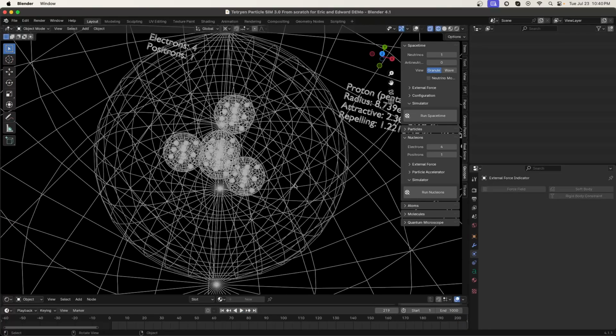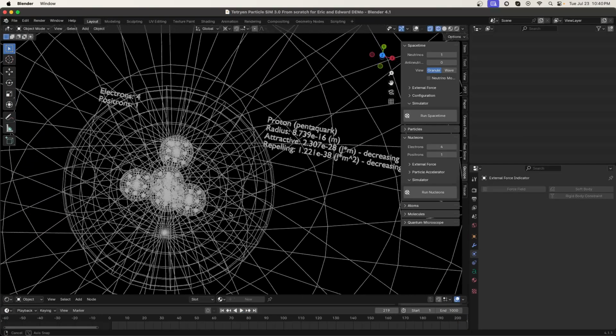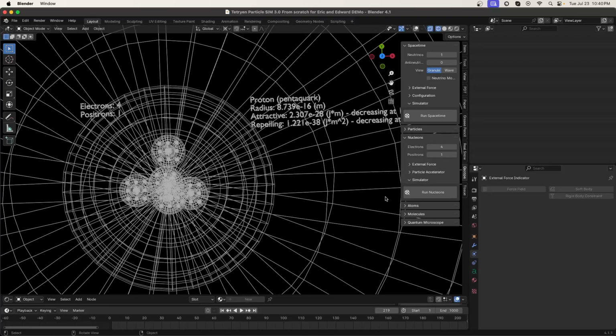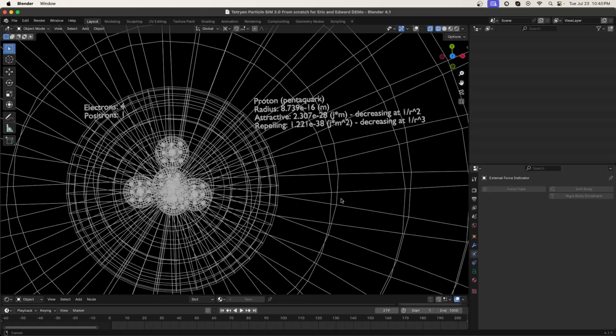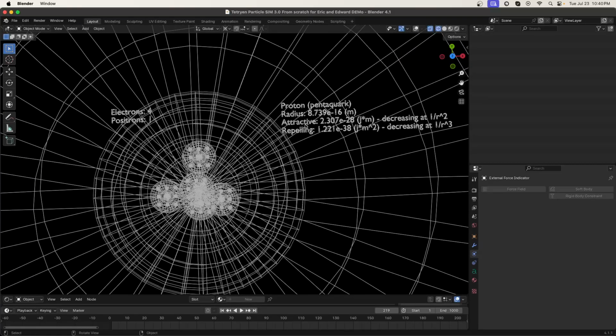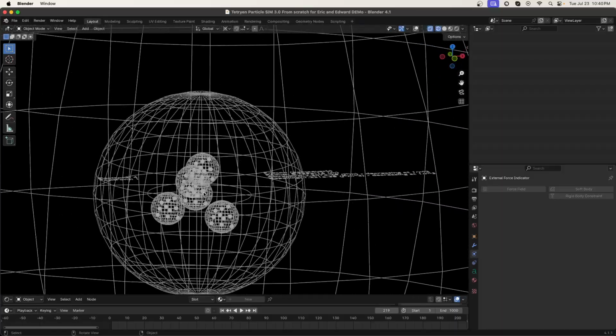So we can zoom in. And these are the values of the proton pentaquark 5-sphere configuration. 4 electrons, 1 positron. As we discussed, we probably need to change that name because it's reserved.